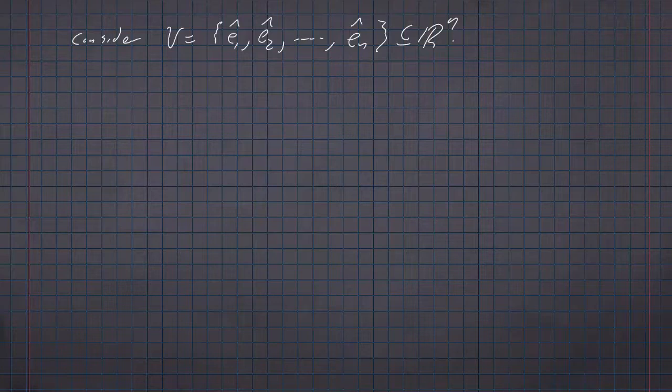So that's 1, 0, 0, 0, then 0, 1, 0, 0, through to 0, 0, 0, 1, as all of my unit vectors for Rn.